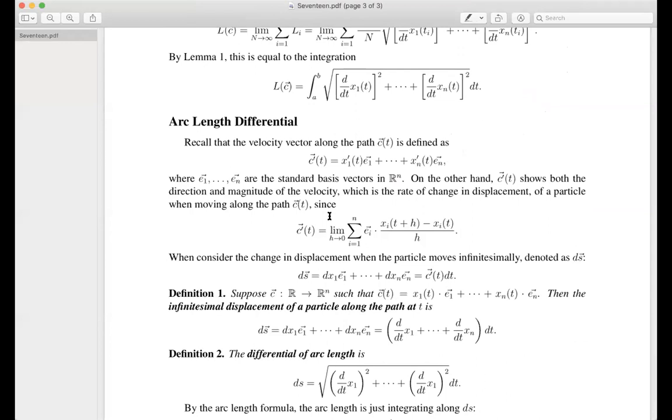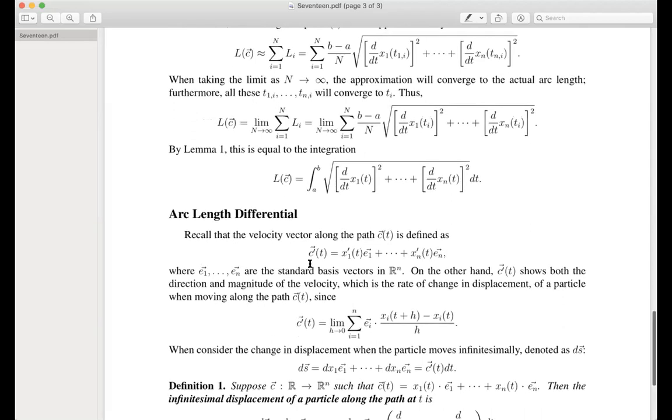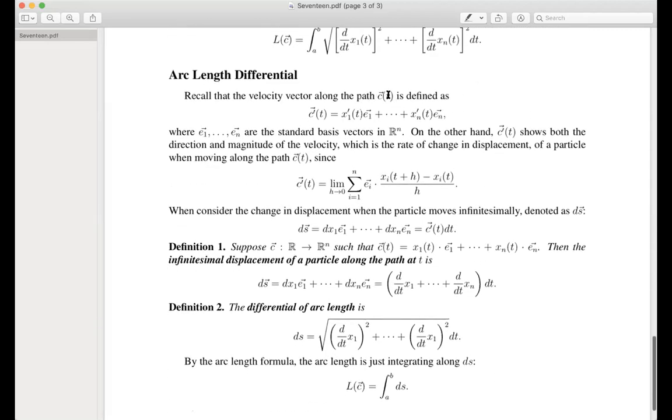So as you notice, if you have the vector value function path c of t at a certain point t, when you take the derivative with regard to t in each coordinate x1, x2, all the way to xn, you have a velocity vector.